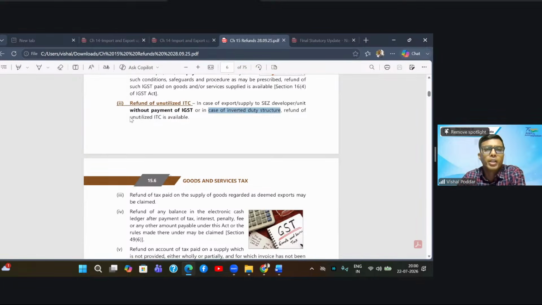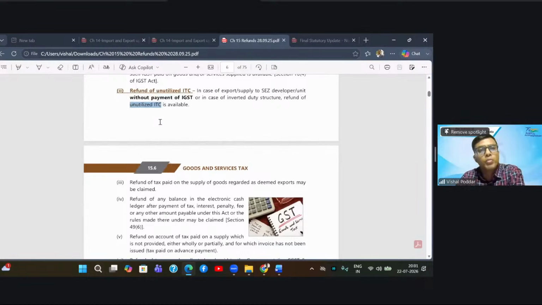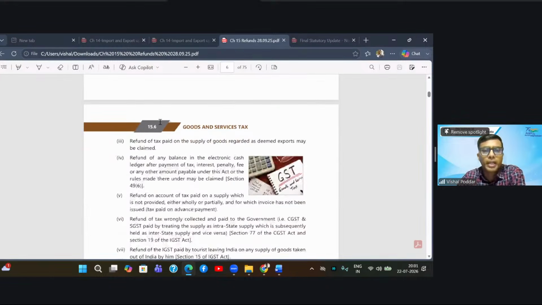You have an accumulated, unutilized ITC. Since your outward supply is without payment, the ITC is accumulated, or because you are in inverted duty structure, again your ITC has accumulated and you were not able to utilize it. Such accumulated unutilized ITC can be taken as refund.